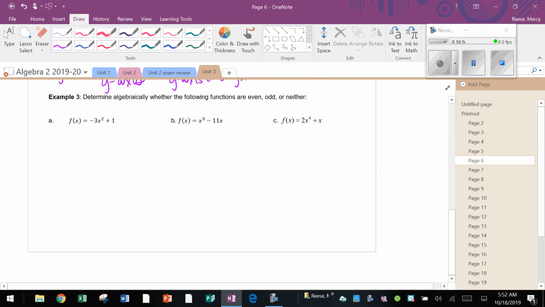Okay, last part. Determine algebraically whether the following functions are even, odd, or neither. Now you can, if they didn't ask you for algebraic, you can put these in your y equals and look at the graph. That would be fine. But you have to prove it, okay? So in order to prove, I always say test even first, and you'll see why in a minute. Test even first.